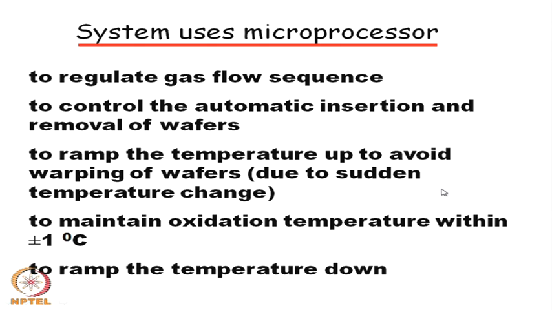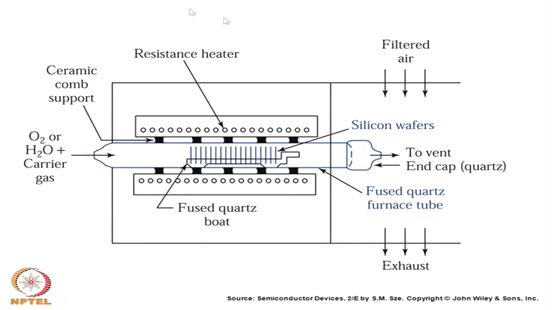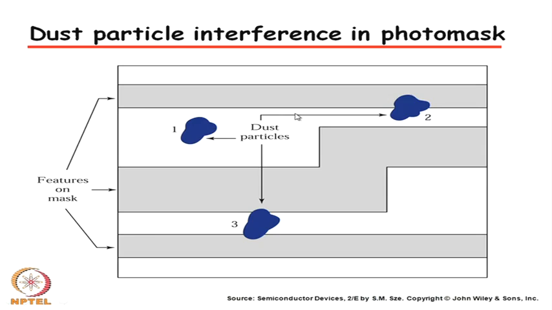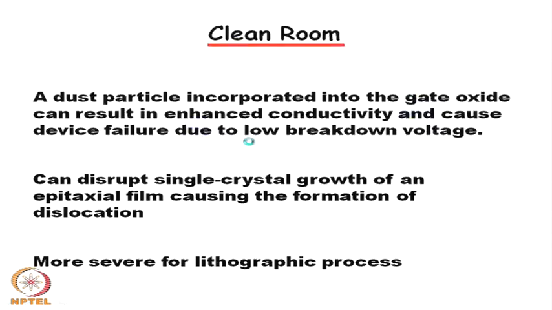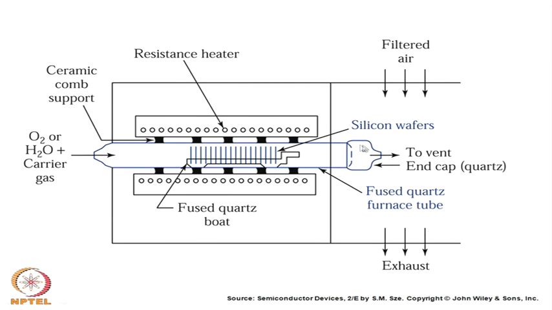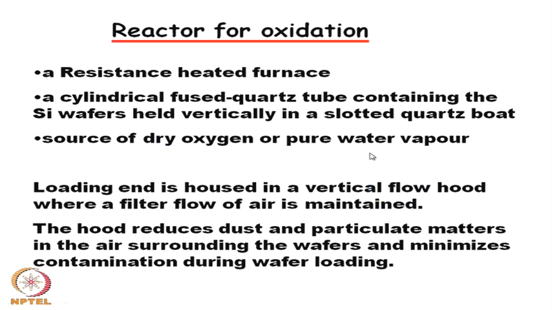lithography. In this case, you see that the system uses a microprocessor to regulate gas flow sequence. So, that means here if you come down to the reactor for the oxidation, this is basically a microprocessor control system, and here the automatic insertion and removal of wafers is done by the microprocessor control.